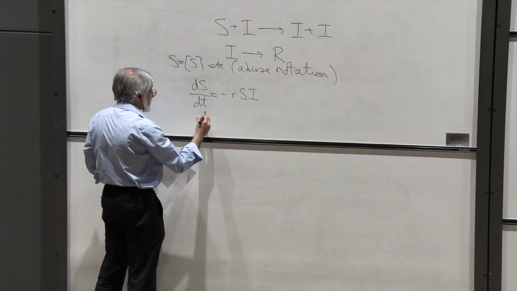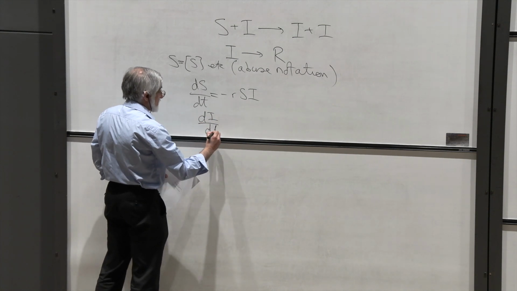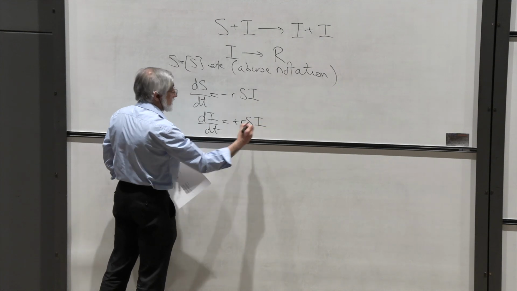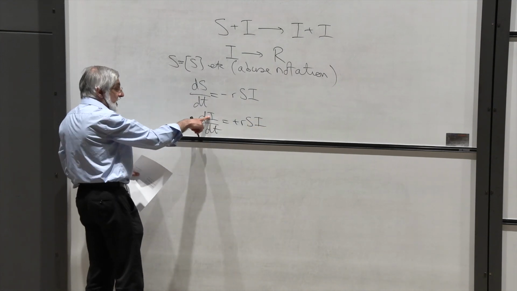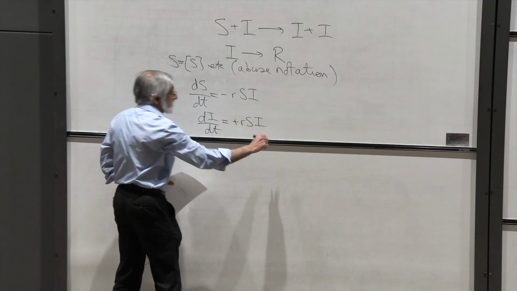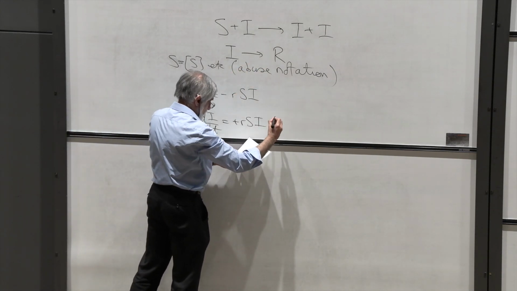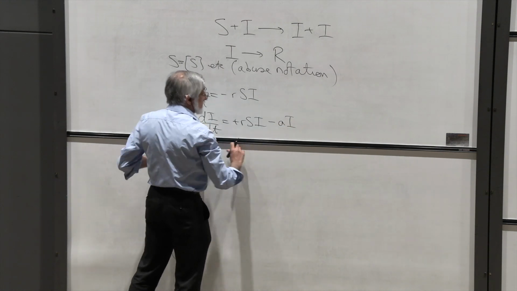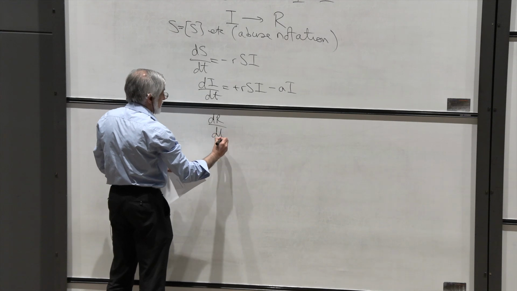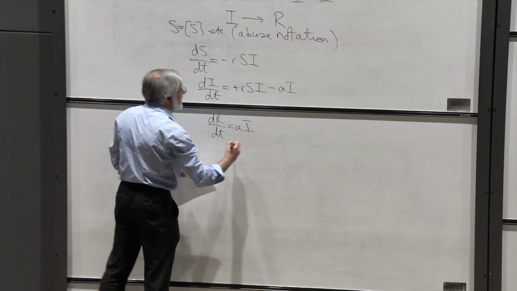These infecteds go to here, and then the infecteds become removed. So make sure I use the same a. So a, then dR/dt is aI.